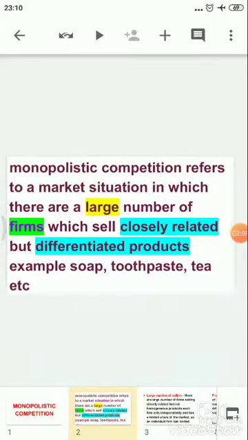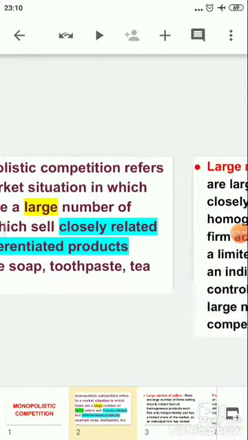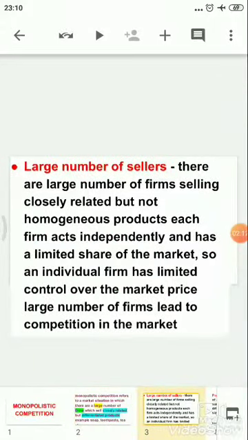Now we will discuss the features of this type of competition one by one. The first feature says that it has a large number of sellers. Now because the number of firms selling the closely related goods or the close substitutes is large, each firm acts independently because the goods are not homogeneous. एक जैसे goods नहीं है, so these firms can act independently and they can have their own pricing policy.